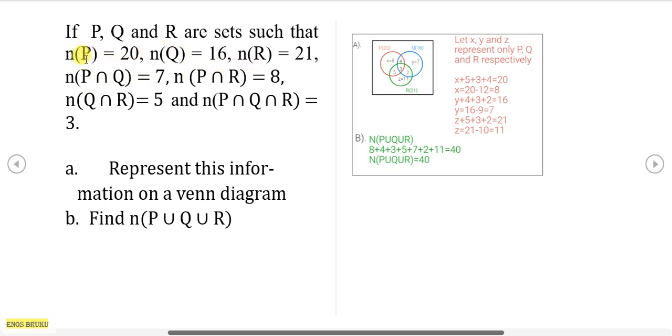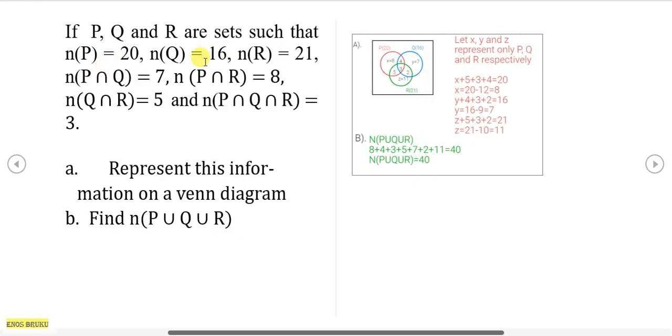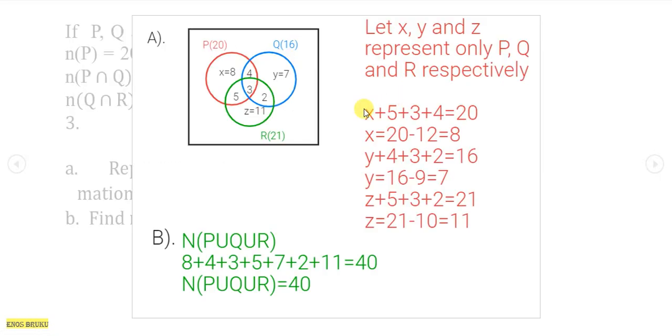We have the members of P, which is 20, being represented here, which means that if you add each of the elements in this whole circle, you should be getting 20. The members of Q is also adding up to 16, members of R is also adding up to 21. Okay, so here we've represented them nicely.